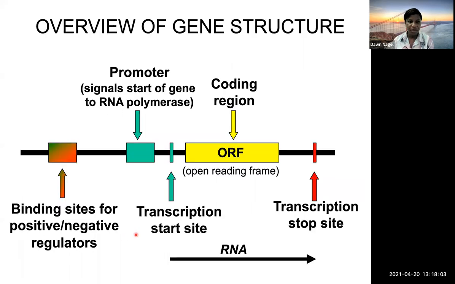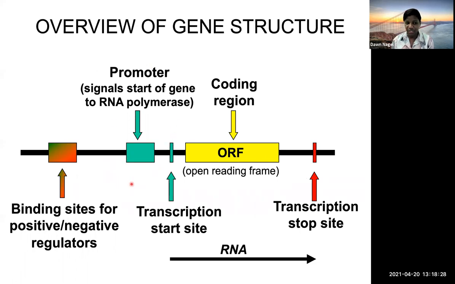Okay. So this is just an overview of a gene structure, and this is very universal to any gene structure. What you have is a region within the DNA that's referred to as the promoter. This region signals the start of the gene for RNA polymerase to recognize and bind to, okay?